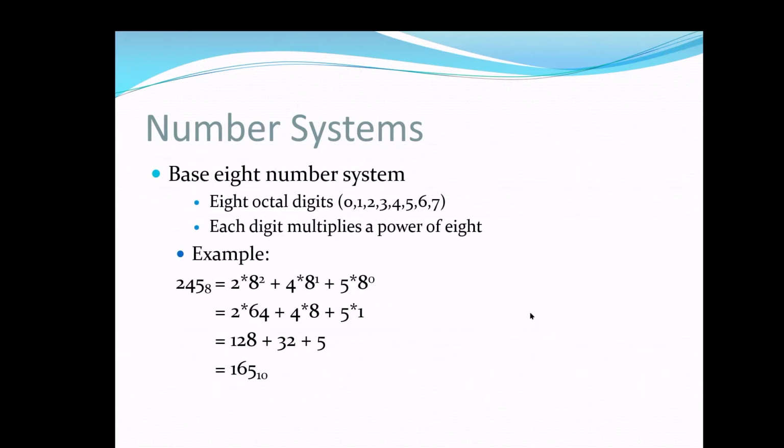We go up to 9, and then we have to have new symbols. What we do in base 16, which you'll see a little bit later, is we use A through F to represent decimal 10 through decimal 15. But this is just briefly how you convert from base 8 to base 10.